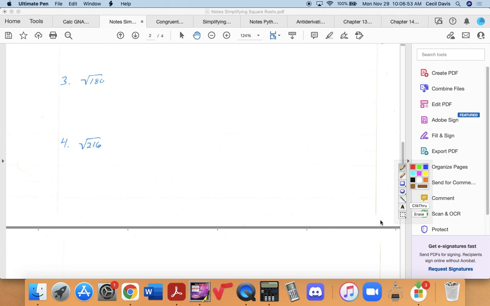Don't just guess numbers that'll divide into it evenly. It needs to be a perfect square that divides into it evenly. 36. How many times does 36 go into 180? 5 times. And the square root of 36 is 6. So that's 6 square roots of 5.